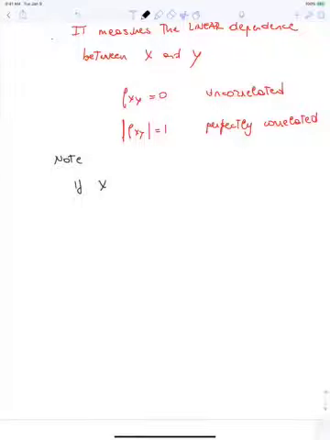So if x and y are independent, then they are also uncorrelated.